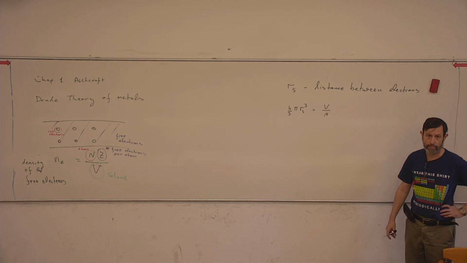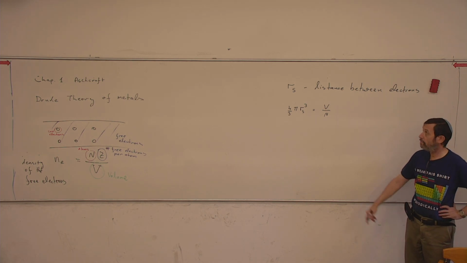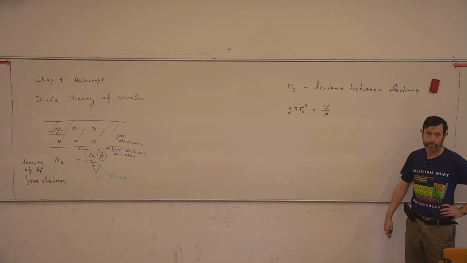The electrons are just everywhere. It's a typical distance between electrons.